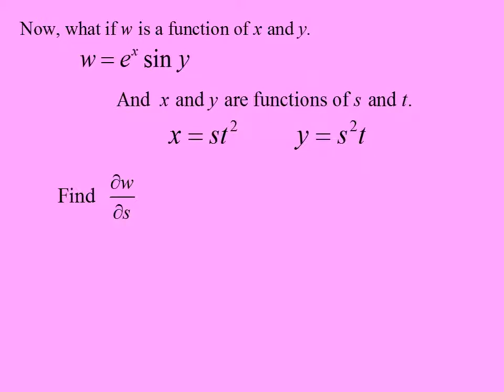So let's do the legwork for the partial of W with respect to S. We need the partial of W with respect to X, the partial of W with respect to Y, we need the partial of X with respect to S, and the partial of Y with respect to S. We put those together in the pattern that we just wrote down from our tree diagram.